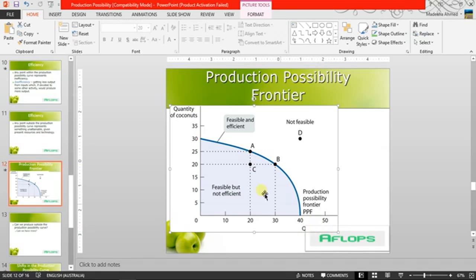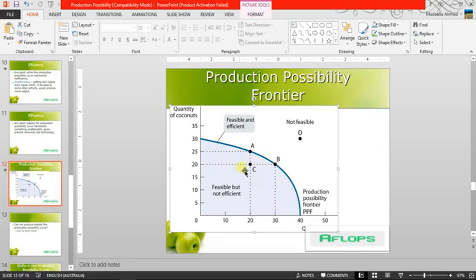As you can see, at point C the organization or economy is producing 20 units of coconut and 20 units of fish. By moving on to point B, the organization or economy can, by using the existing resources, enhance the production of fish to 30 while keeping the production of coconut similar.